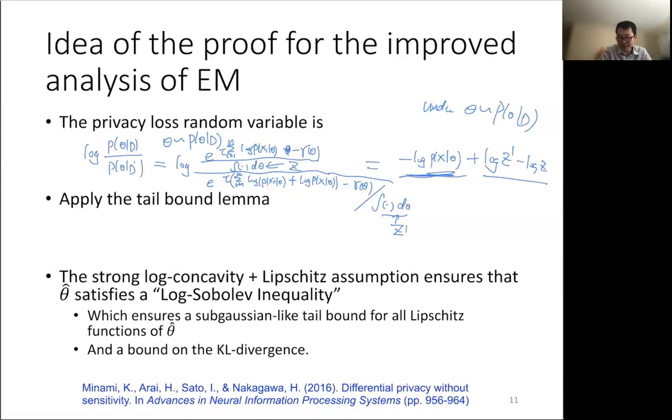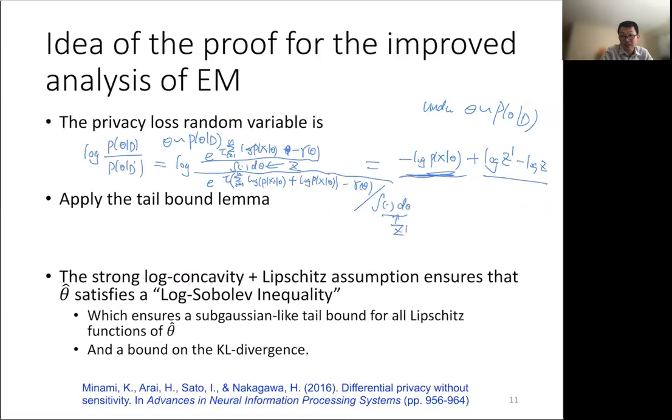Okay, the exact technique of doing this is somewhat more complicated, which leverages the fact that both distributions in the numerator and denominator are strongly log concave, and that together with the Lipschitz assumptions says that the distribution of this theta satisfies something called the log Sobolev inequality.